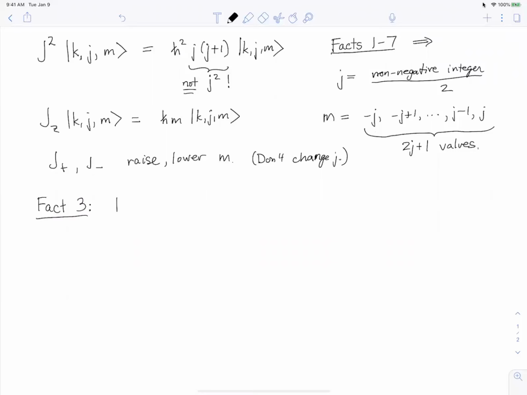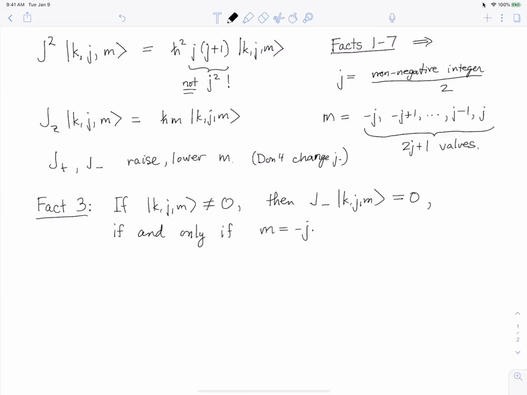Fact 3: we proved that if you have one of these states, and it's not a null state, in other words it actually exists, and you act on it with J minus and get a null state, that happens if and only if m is equal to minus j.